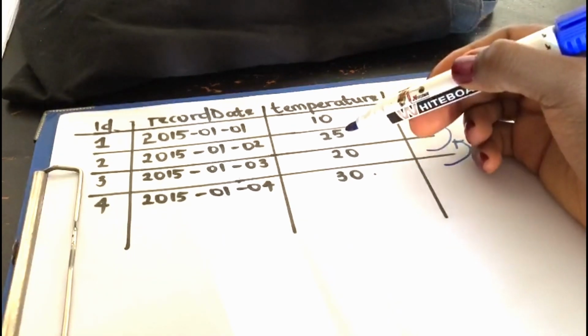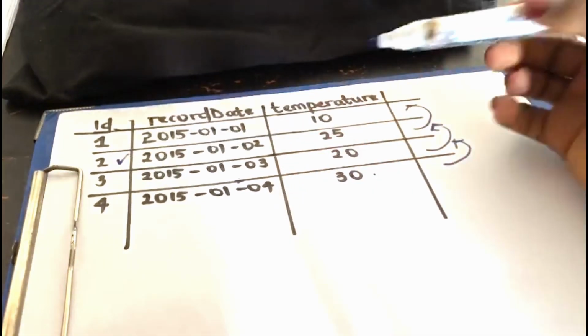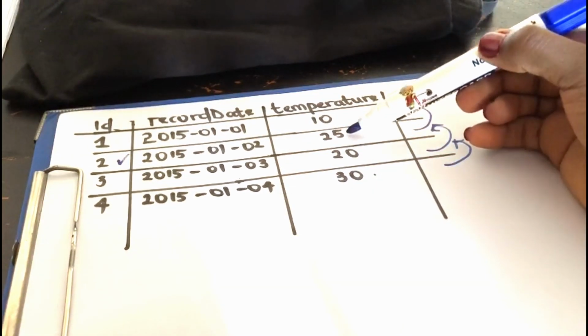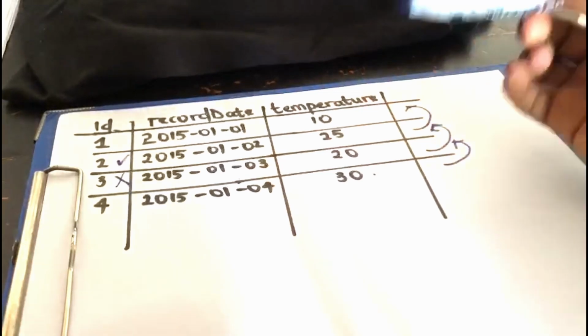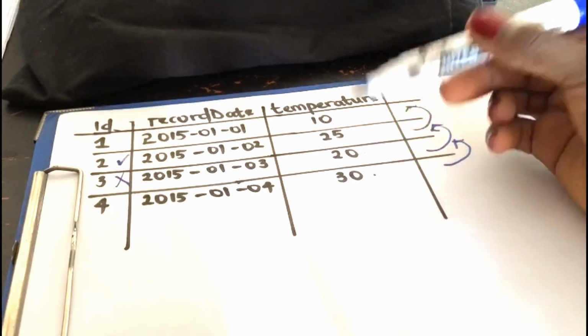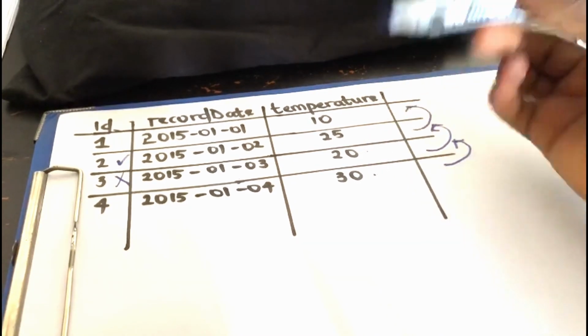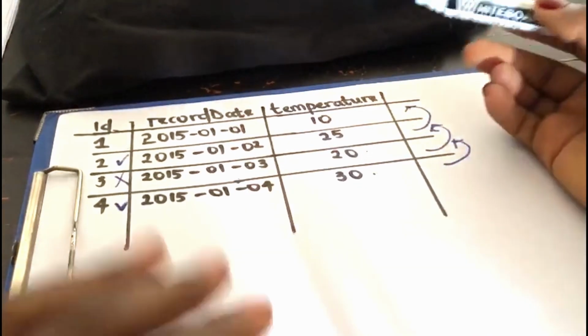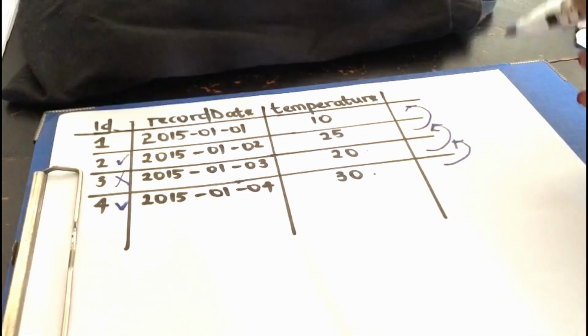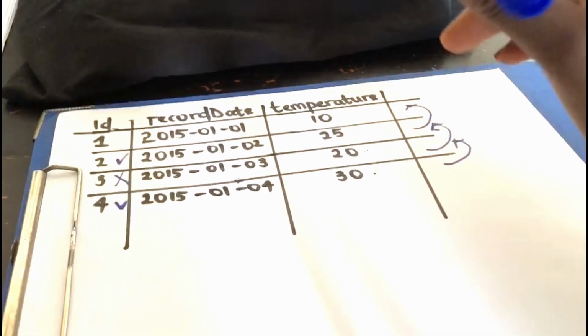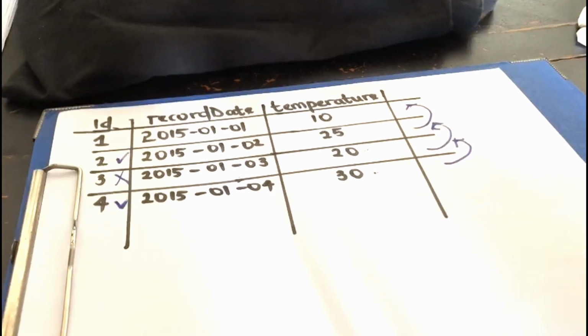We need to know if 25 is greater than 10, we return 2. 20 isn't greater than 25, so we do not return 3, and 30 is greater than 20, so we return 4. That is what we aim to achieve, and we want to join the table to itself so that we can achieve this.